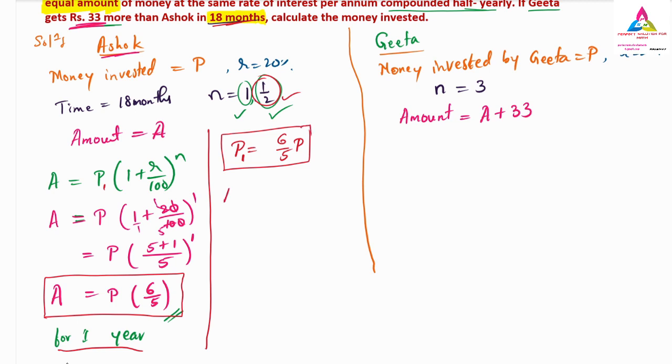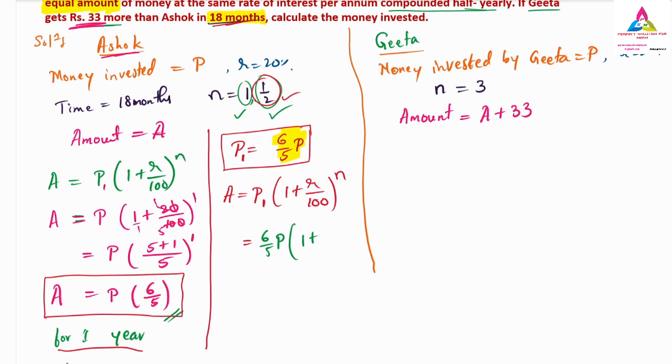So the final amount is equal to the principal amount of the first year into (1 plus R divided by 100) raised to n. The formula we have written. The principal amount is the new principal amount, that is 6 by 5 P, so we write 6 by 5 into P. But remember, something is missing.